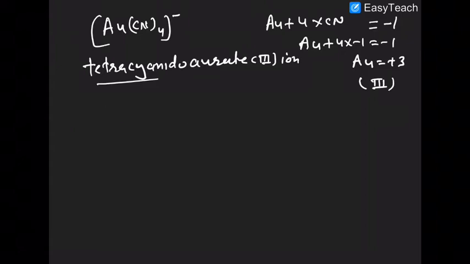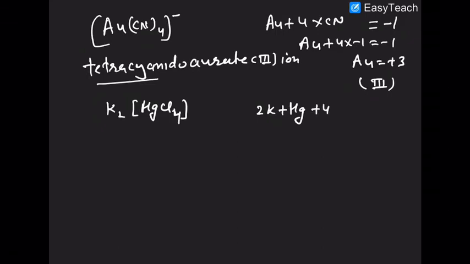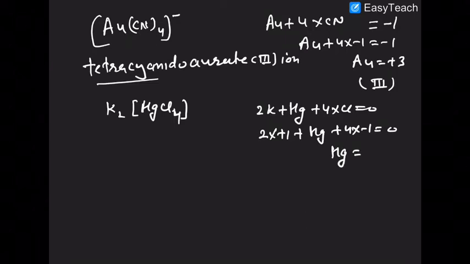Okay, sure. Now look at this case. 2 potassium is there. Mercury you have to find out. 4 chloro groups are there. So potassium carries +1 charge. Chlorine carries -1. So mercury carries charge of +2.